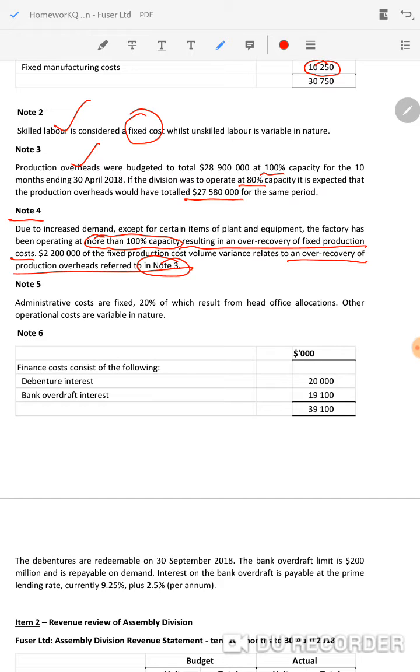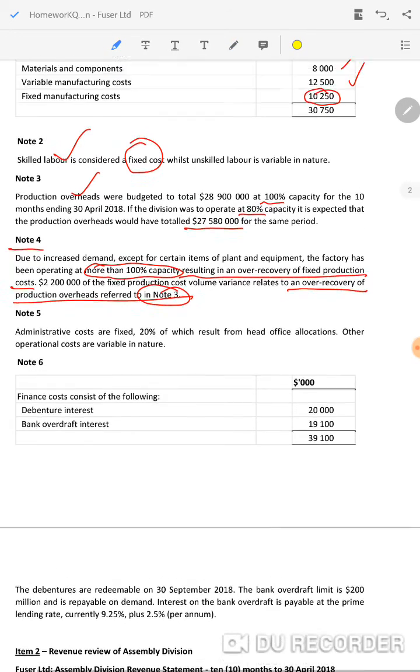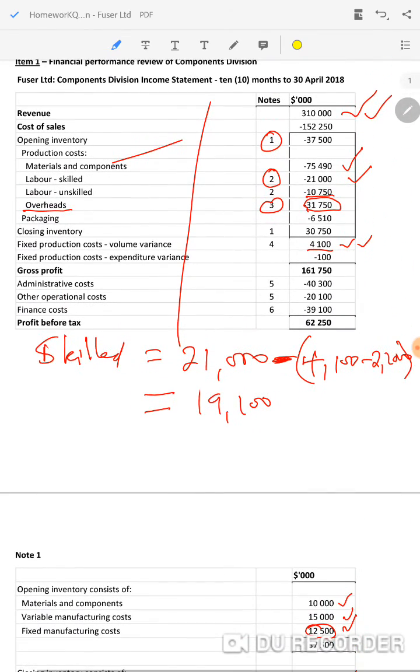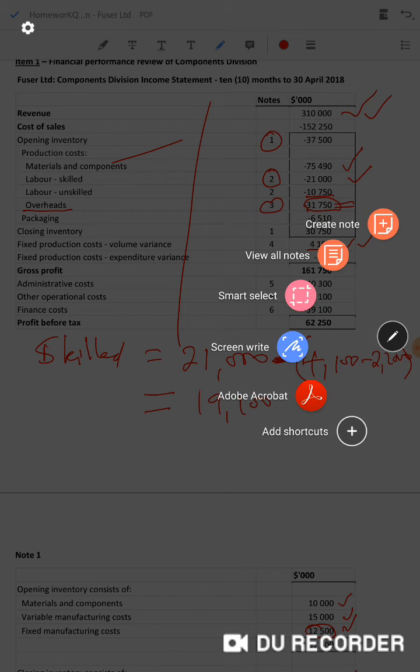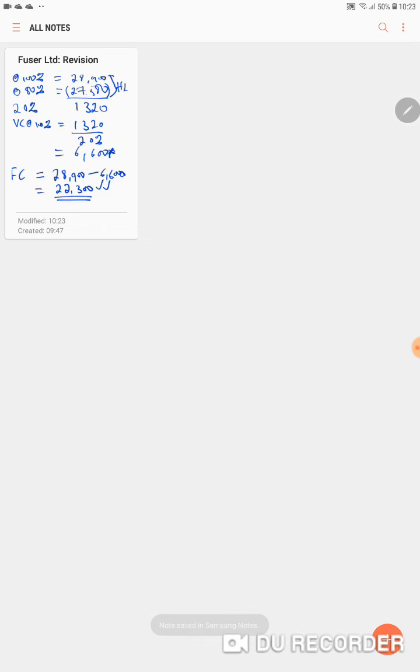And then in the case study, how much was recorded as our production overheads? We recorded 31.750. But in the 31.750, we had an over recovery of fixed production costs. So how does this work out? Let's go to our calculation.